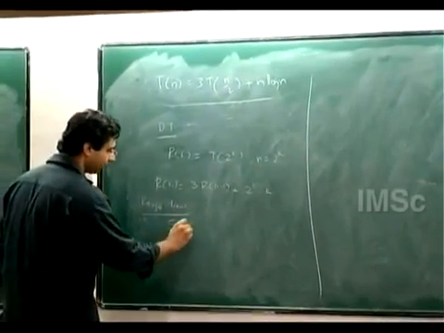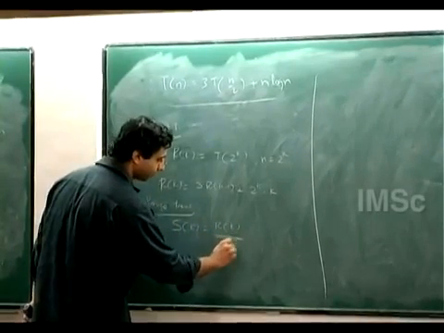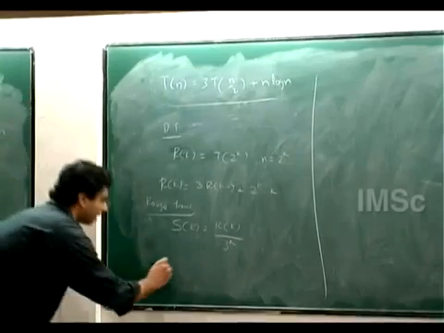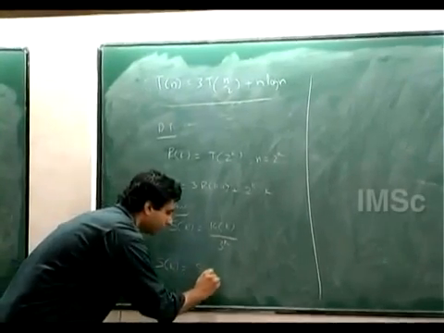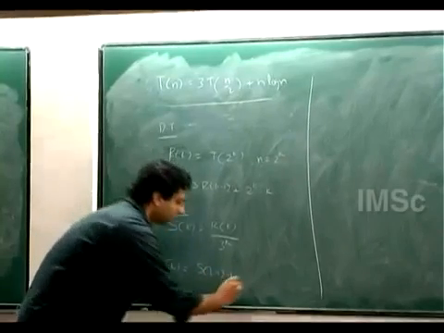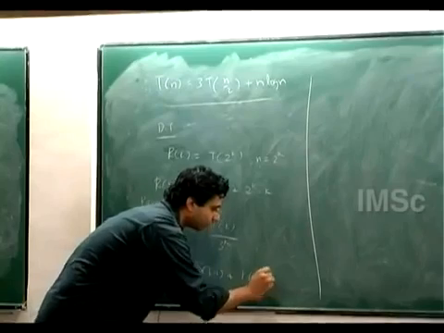Now I do the range transformation. I define S of k to be R of k divided by 3 raised to k, and if I do that, I get S of k is S of k minus 1 plus k times (2 by 3) raised to k.